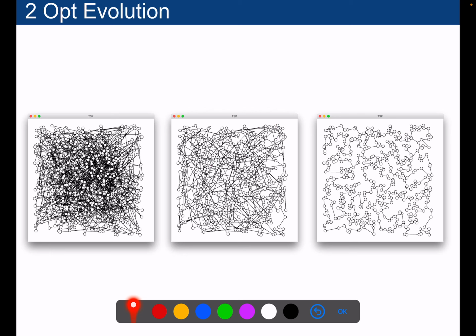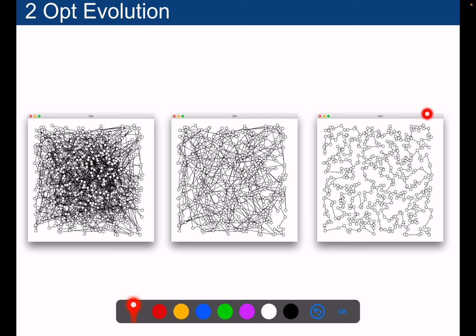I made a small animation here to show you. This is random points that I have placed on a 100 by 100 square. And then I have simply decided to do a random circuit. And then I have applied the two-opt moves like I did before until I cannot do it anymore, until I have no crossing edges anymore.